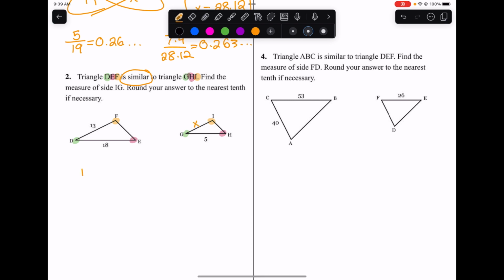So I know that DF over IG has to be the same as DE over GH. So let's fill in what I have. DF is 13, IG is missing, DE is 18, GH is 5.